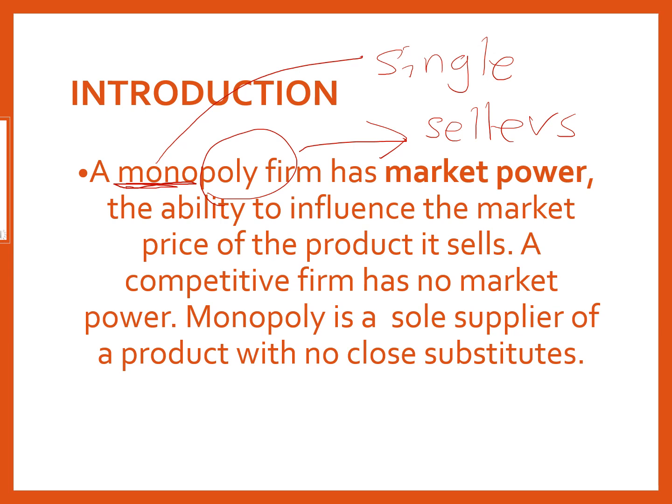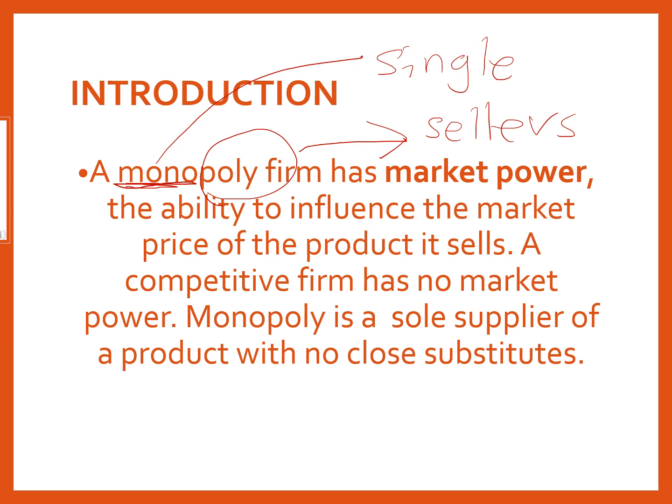Kalau kita combinekan these two words, monopoly, it equals to single seller. So that's why it's explained here, monopoly is a sole supplier of a product with no close substitute. Monopoly means the existence of a single seller in the market producing a product that has no substitute. Sebab itu dikatakan monopoli berbeza dengan perfect competition.